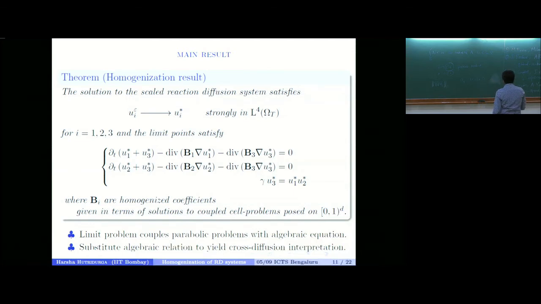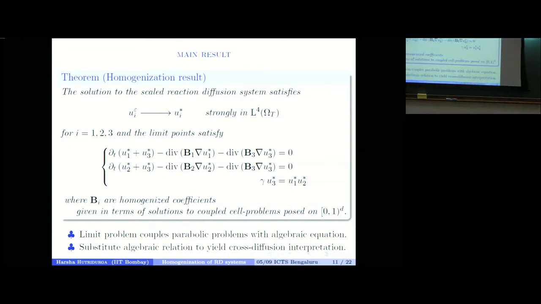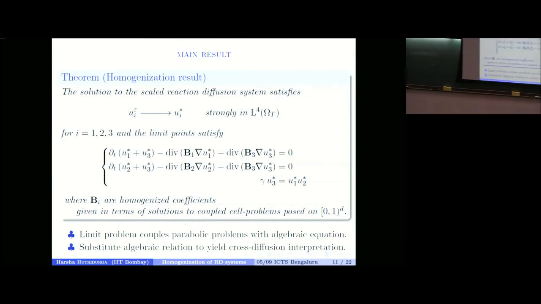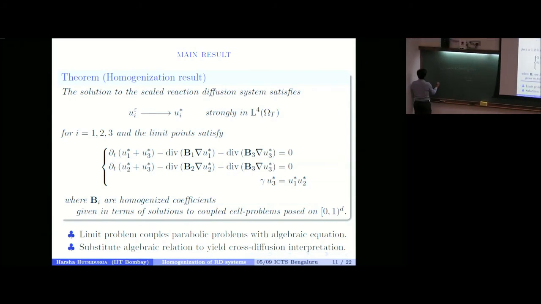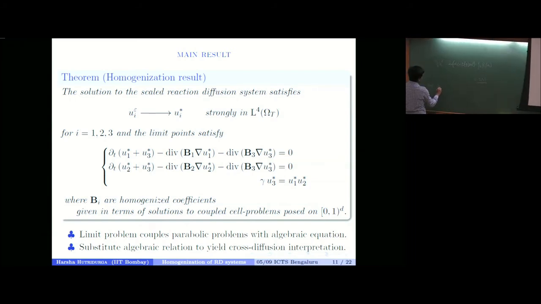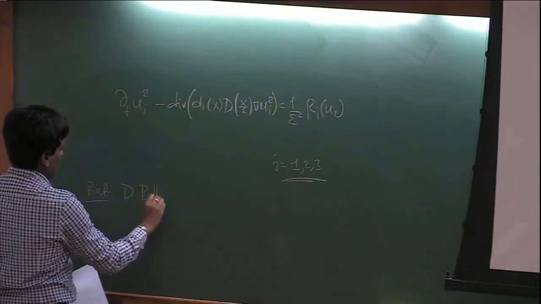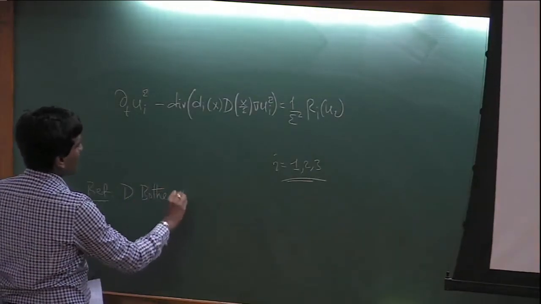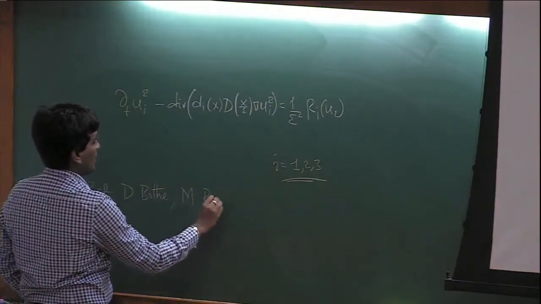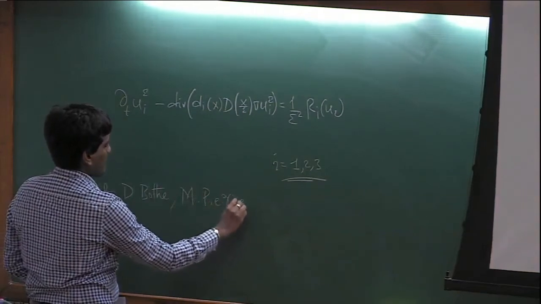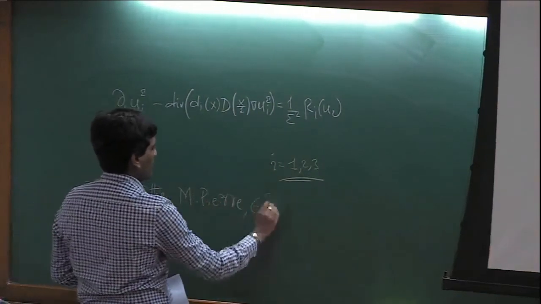And I'll give one more reference here from where you can deduce that this homogenized model is well posed, global in time. This is for cross-diffusion models. This is Didier Bothe, Michel Pierre, and Guillaume Rolland.